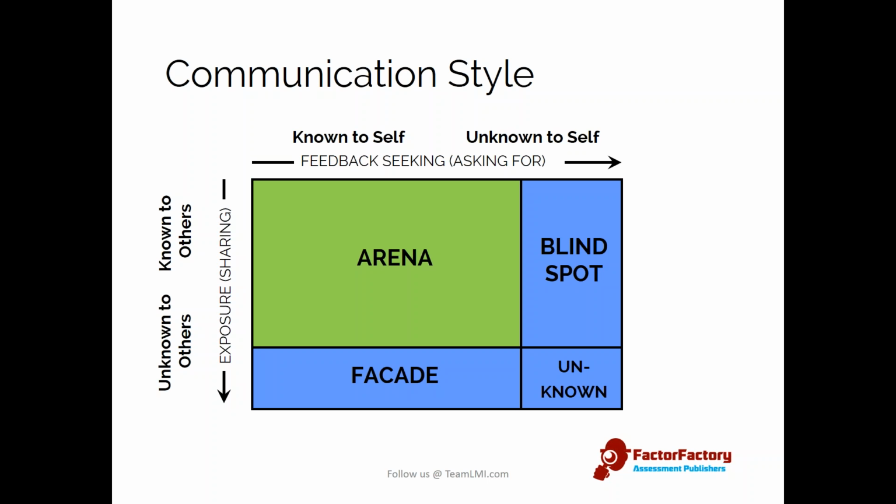The long, slender arena that's vertical, meaning it's low in feedback seeking, high in exposure, you probably have a variety of ways to characterize it, but one way is the know-it-all. Someone who is always telling you what they think and rarely shuts up long enough to listen to what you have to say is a know-it-all.